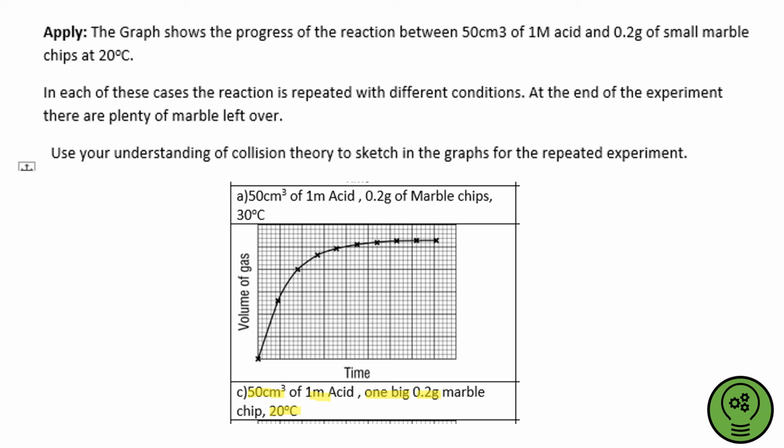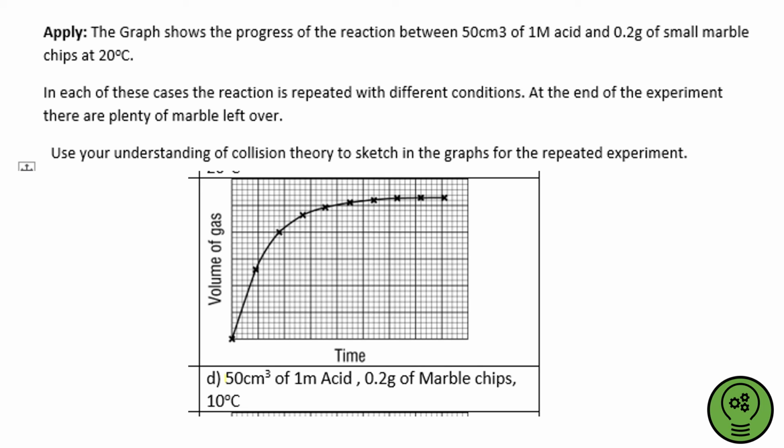So this is a big piece, it's going to be a slower reaction. So I'm going to start off shallower. It's going to take longer, but I am going to make the same amount because I've got the same amount of ingredients, also the same amount of reactants. I've got 50 and 0.2. So it might look something like that. So it's slower, still follows that same curve just about, because it's difficult to do it on the computer. Same curve, but it finishes slower. It still makes the same amount though.